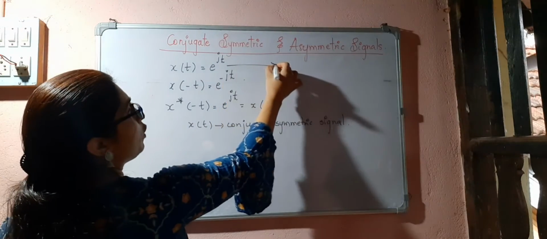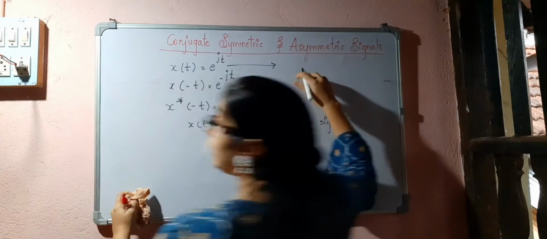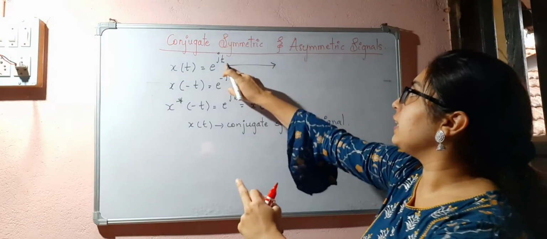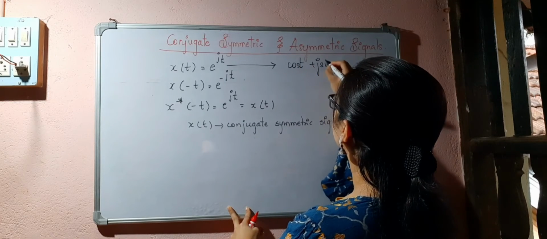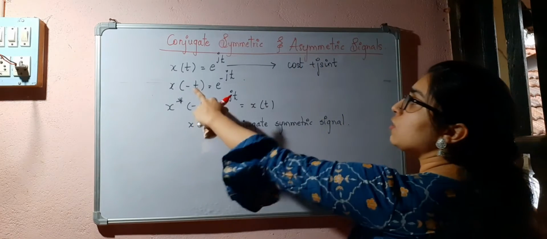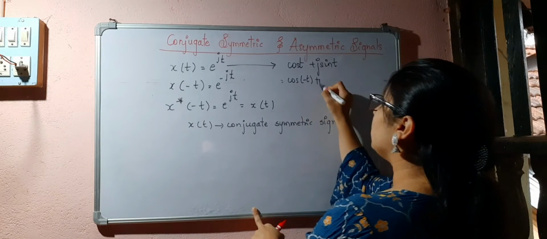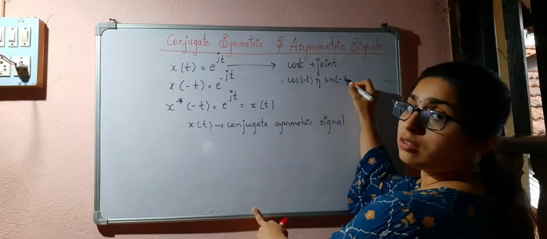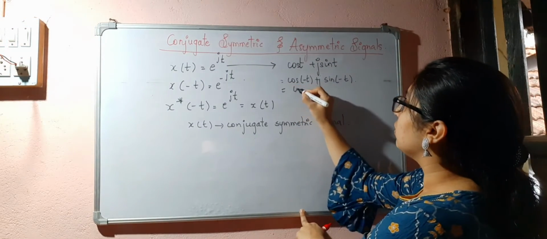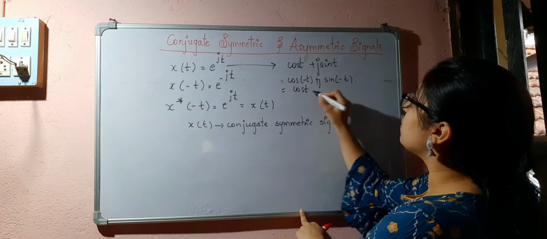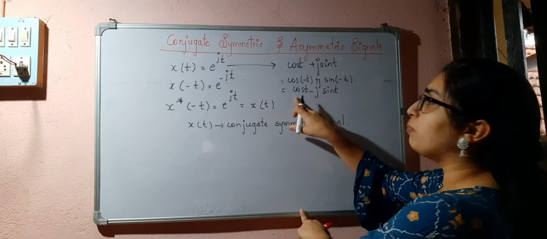You know, e to the power of j theta is cos theta plus j sin theta. Similarly, now I will consider e to the power of jt as cos t plus j sin t. So x of minus t means cos of minus t plus j sin of minus t. Cos of minus t is nothing but cos t, and this becomes minus j sin t. So this is x of minus t.